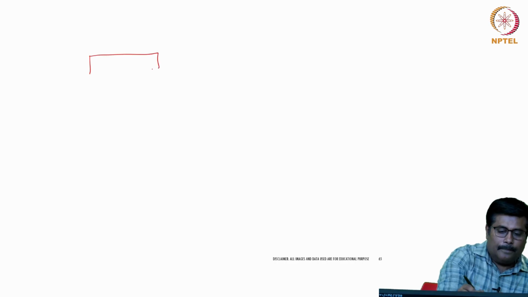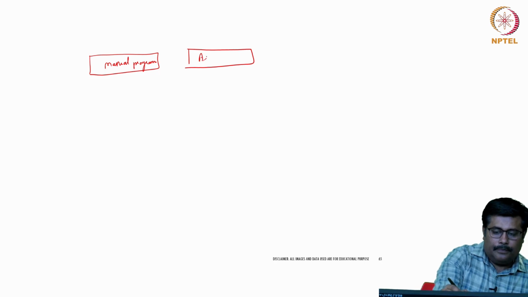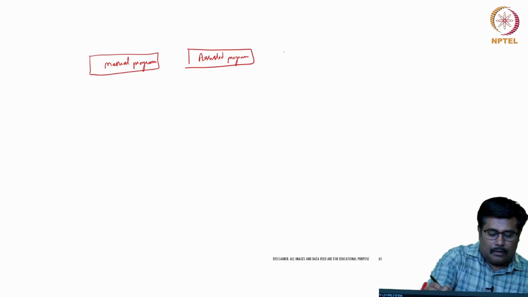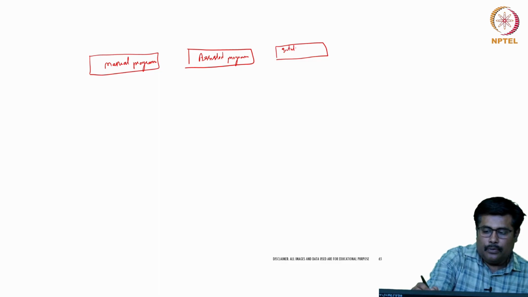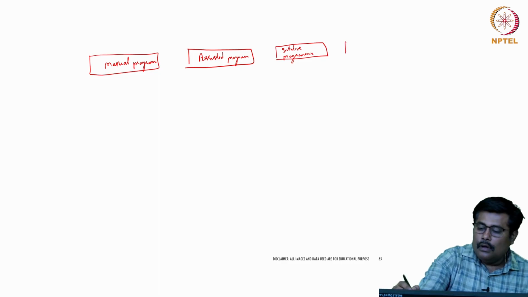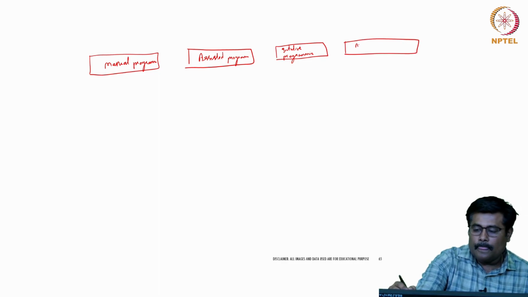One is manual programming, then we have assisted programming, intuitive programming, and autonomous programming.